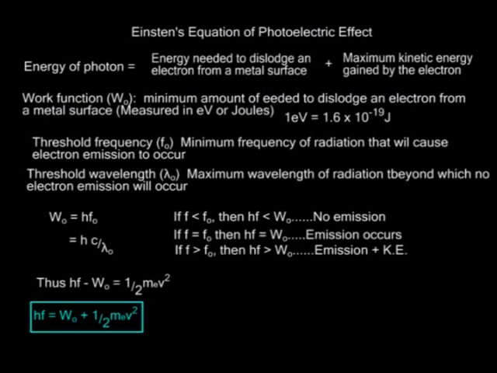This is Einstein's photoelectric equation. Since work function is equal to hf0, this can also be written as hf = hf0 + ½mev², and hence hf = hc/λ0 + ½mev².